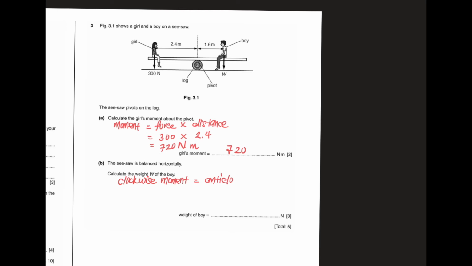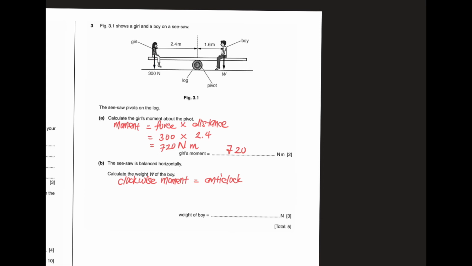What do they mean, sir, when they say the seesaw is balanced horizontally? That means the log here will remain, I mean it's not this log, let's say I call this the plank. The plank here will remain horizontal, not moving.